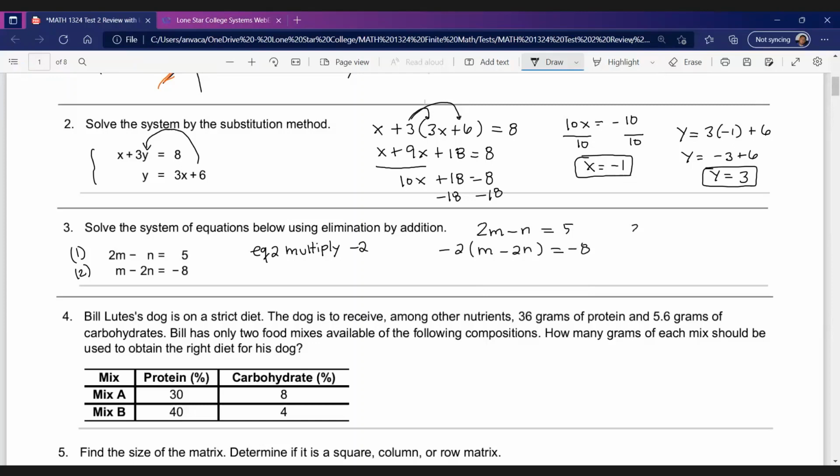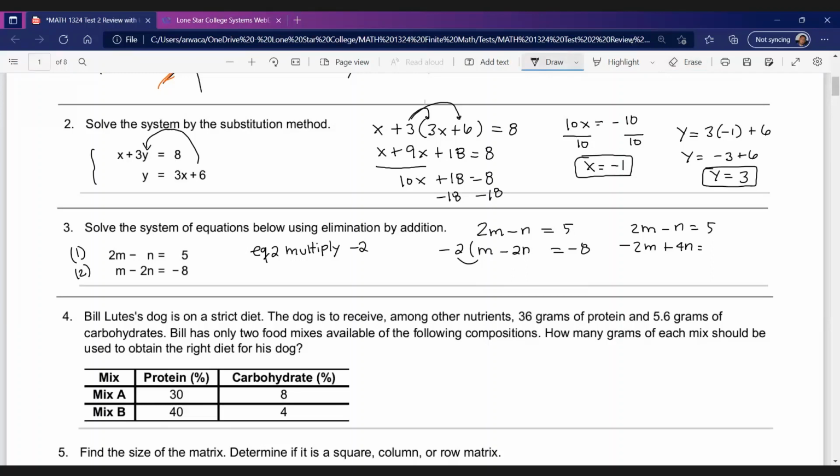Well, let's see what we have here. 2m minus n is equal to 5. Negative 2m plus 4n is equal to, okay, so what I should have done here is let me erase, put the n back.